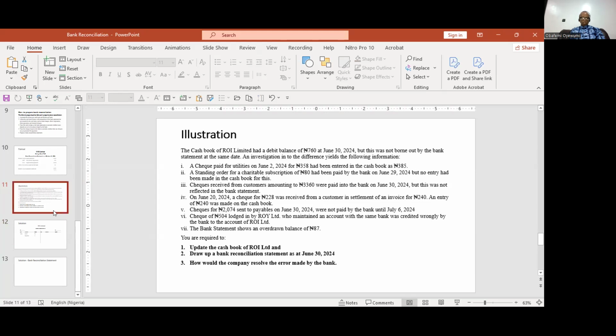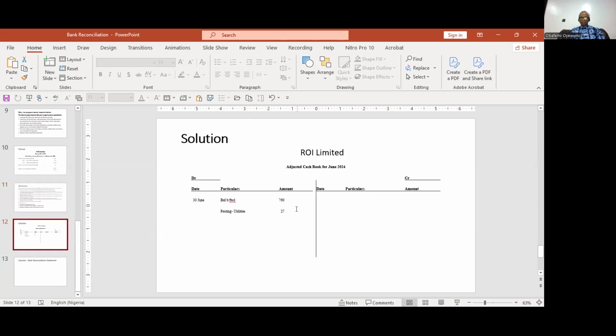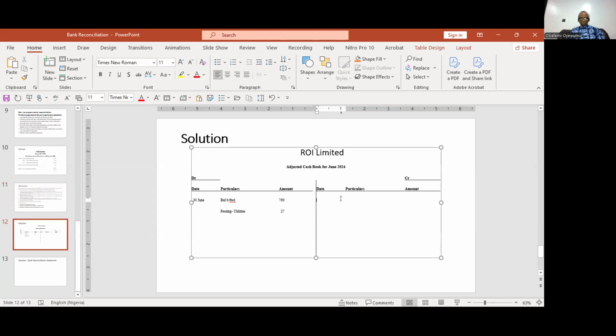So what do you do? You come back to your adjusted cash book, and then you record the amount there, and what we call it is a standing order, 80 naira. So you're done with that as well.